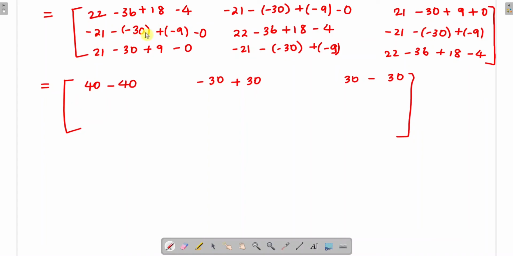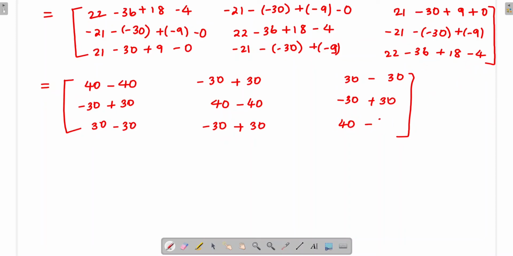Similarly for the other entries: 22 plus 18 will be 40, and minus 36 minus 4 will be minus 40.